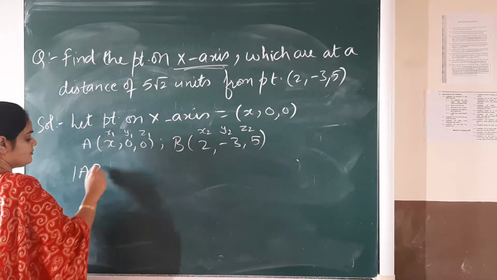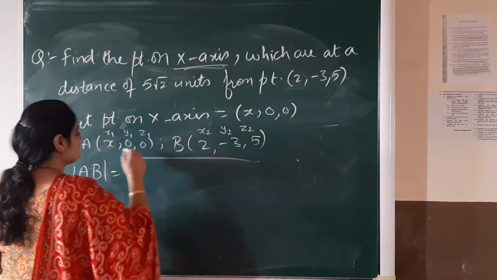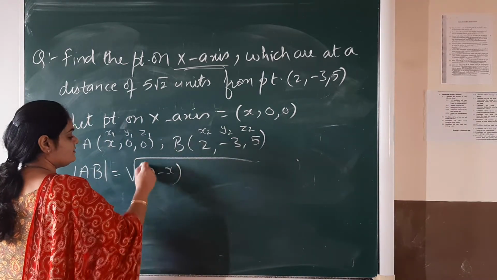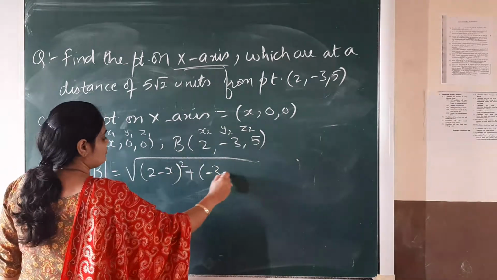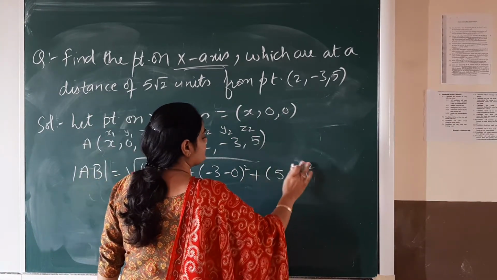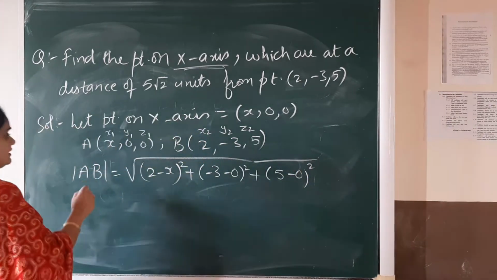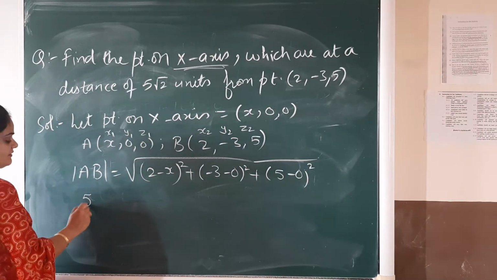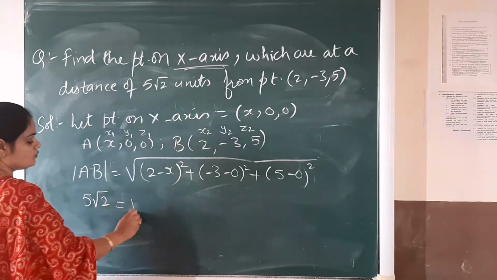So the distance formula is x2 minus x1 whole square, y2 minus y1 whole square, z2 minus z1 whole square. And the distance which is given to us is 5√2.